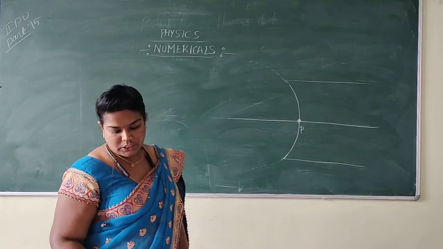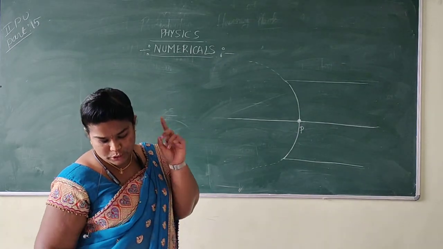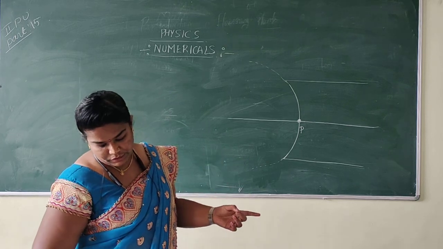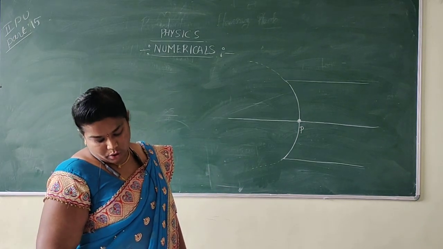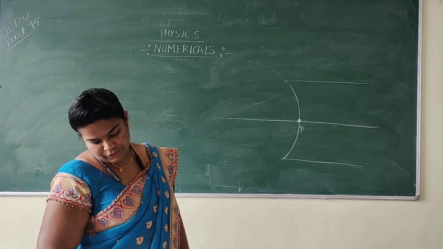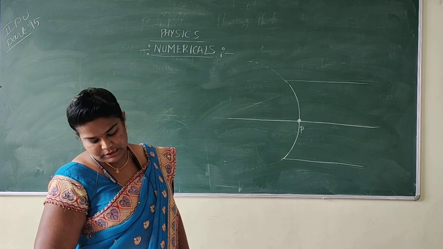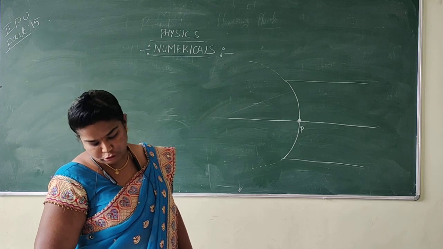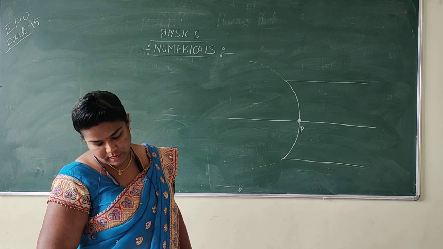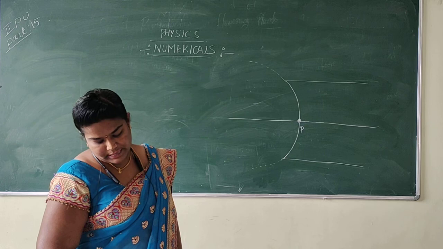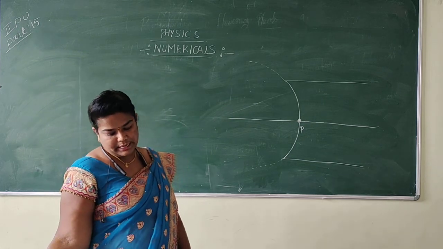Right. So now the question is: light from a point source in air falls on a concave spherical surface of refractive index 1.5 and radius of curvature 0.2 meter. The distance of an image from the glass is 0.4 meter in air.